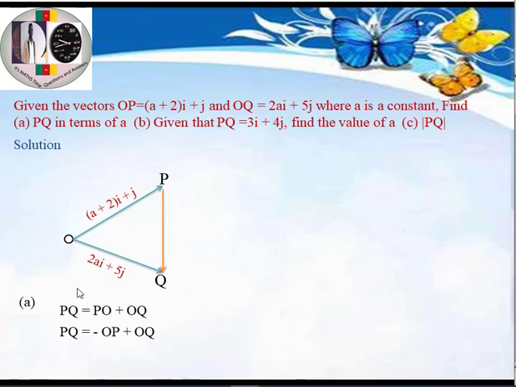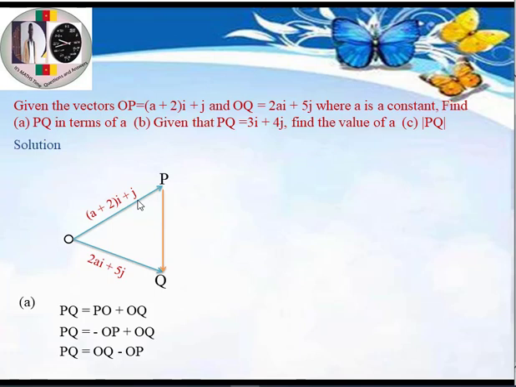So if we arrange this equation, PQ equals minus OP plus OQ, which is OQ minus OP, the same thing. Now let us make the equation find it. We know that vector OQ is 2ai plus 5j. We subtract vector OP from there, where OP is a plus 2 i plus j.